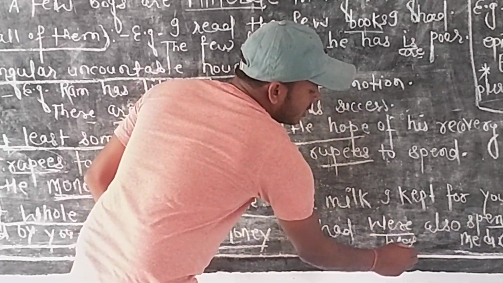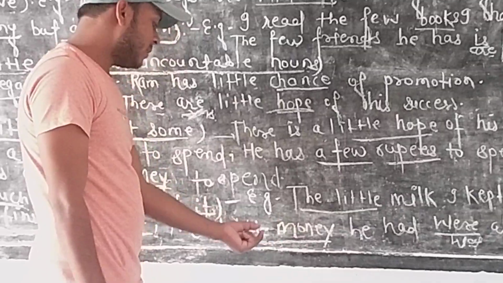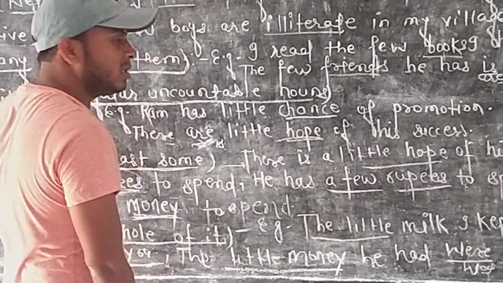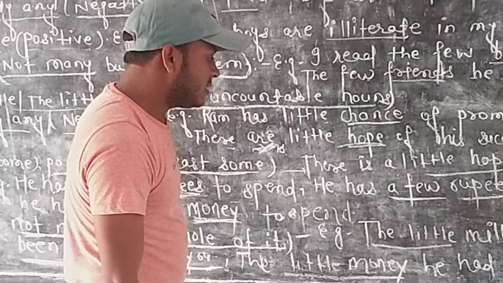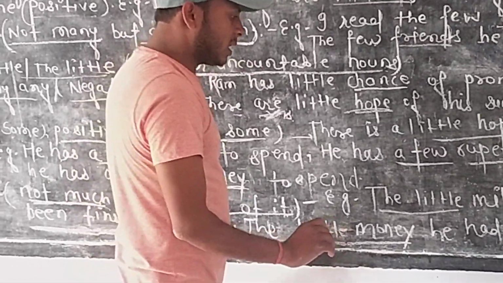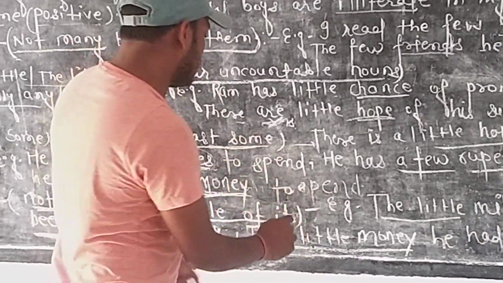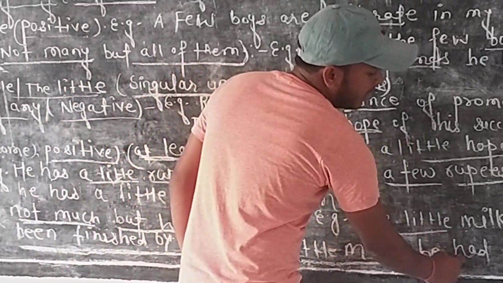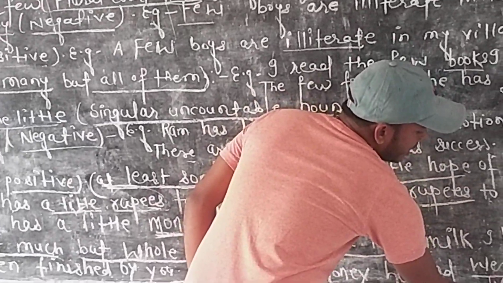Plural should not be used because with little, the little, this type of determiner is always used with uncountable nouns, and they take singular. So the little money he had was also spent. Was should be okay.